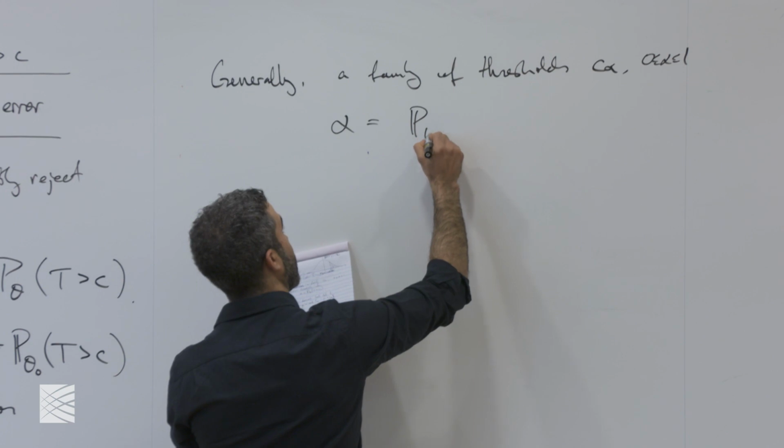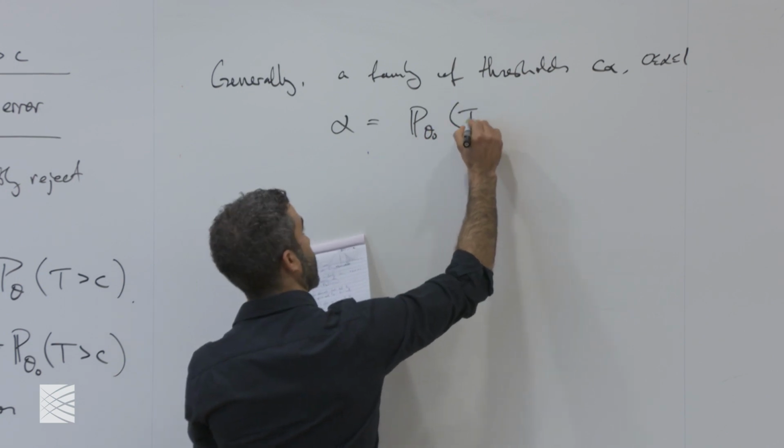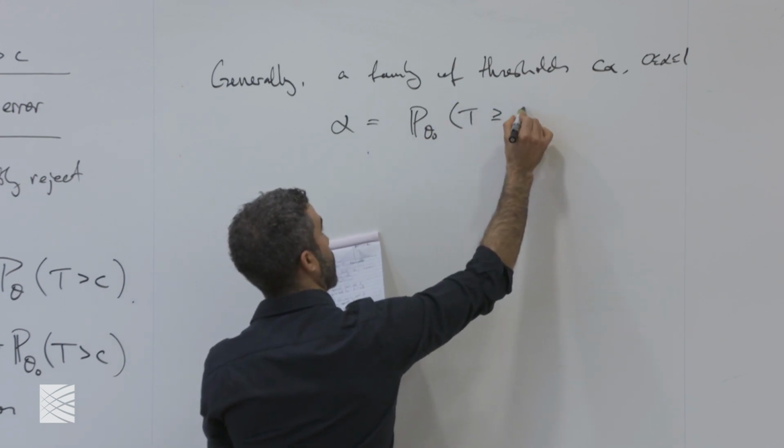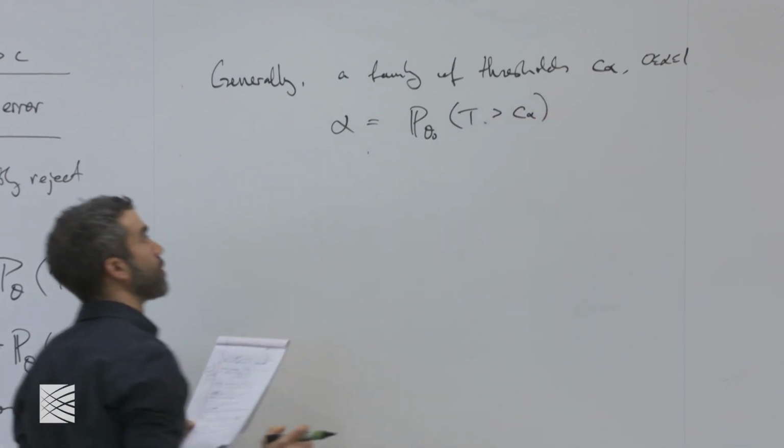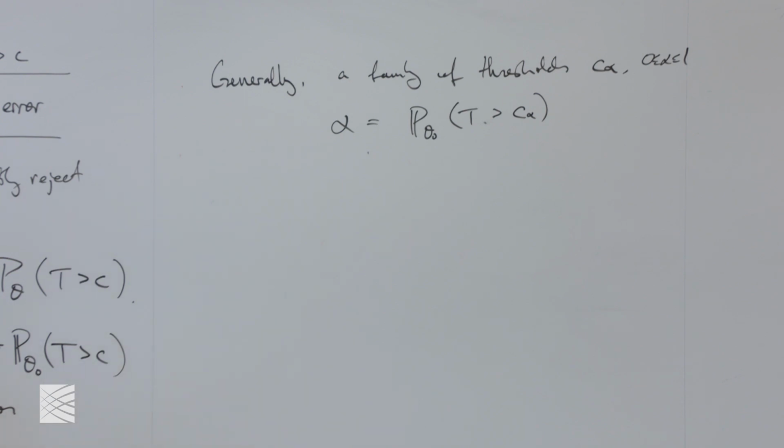So alpha is the significance level of the test with threshold C alpha.